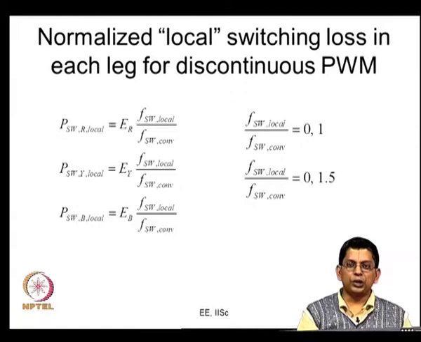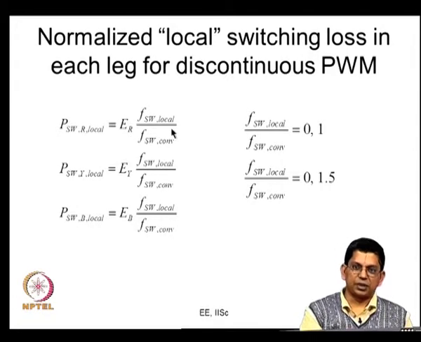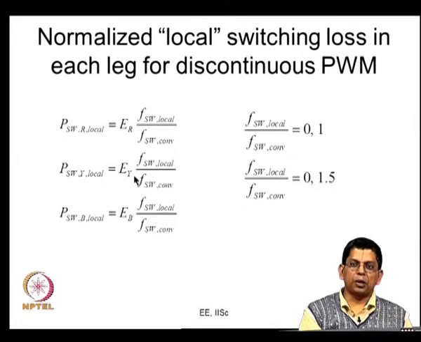So, what we can actually do is multiply this by what we call a local switching frequency, that is, it may be switching or it may not be switching, and that local switching frequency is again normalized with respect to the switching frequency of the conventional space vector PWM or sine triangle PWM equivalently. So, this is normalized energy, and we are multiplying by a frequency to get power.